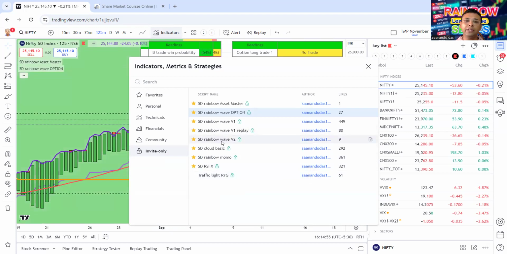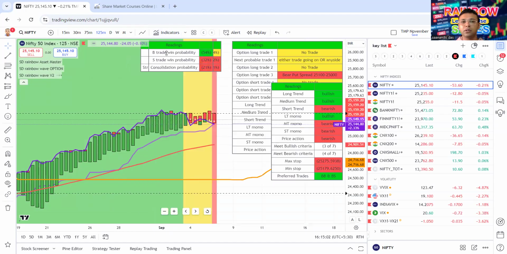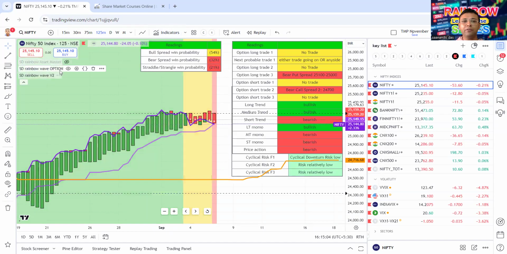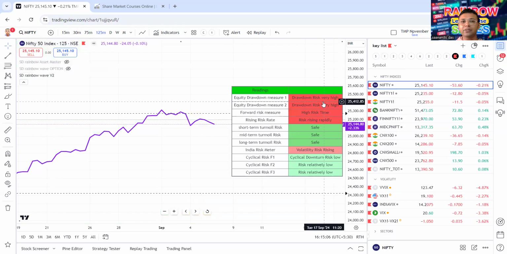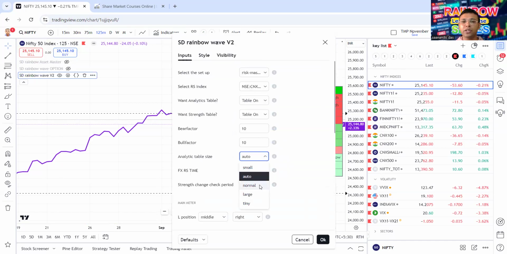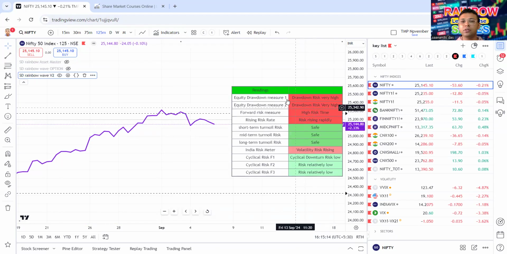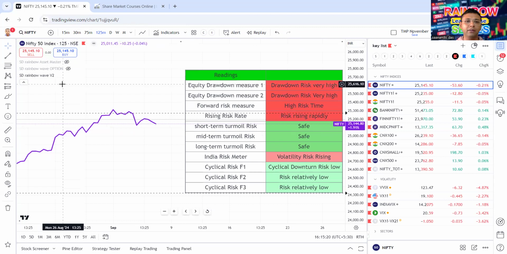And we will need the V2, and within V2 we will need Risk Master. So we need V2 that will tell us about the ongoing risk. Like what I was showing here, drawdown risk is high. If you can't see, I'll make it large. It showed drawdown risk high, and we are having a bit of drawdown in the final stage in Nifty.